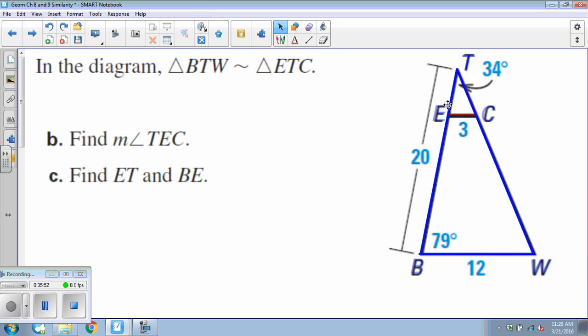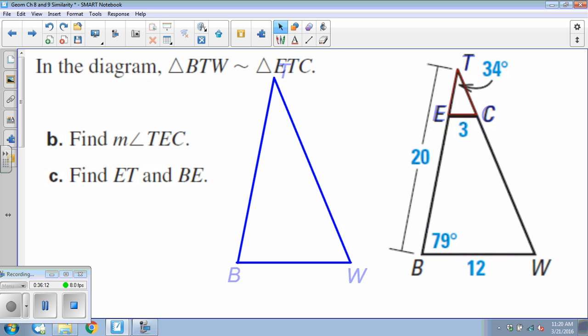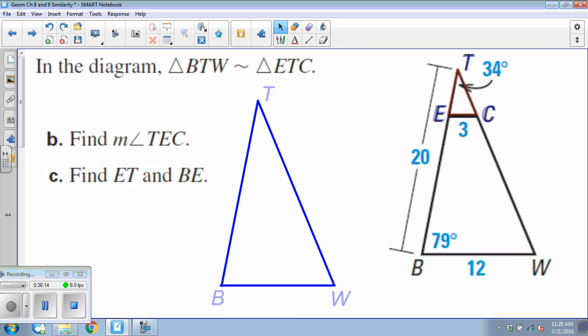Now, in order to set up the corresponding sides, it may not always be as easy to see what side corresponds with what side. And so what I did is I redraw them as two separate triangles. You have a big triangle and a little triangle, correct? So the big triangle looks like that.